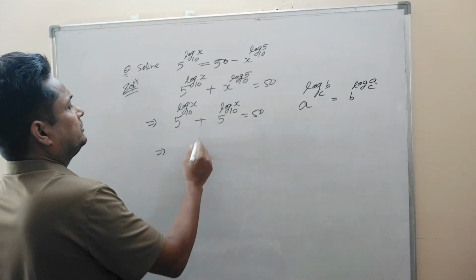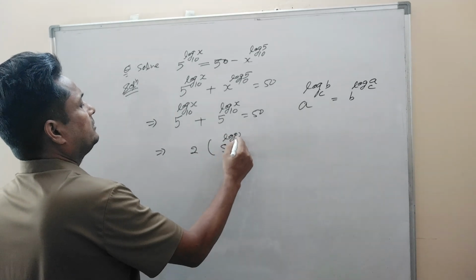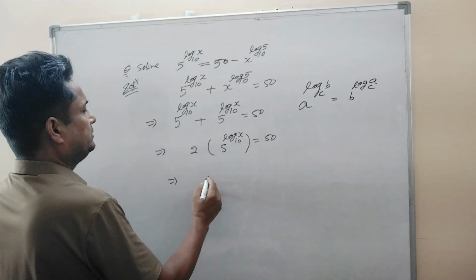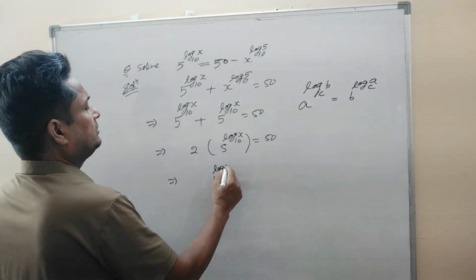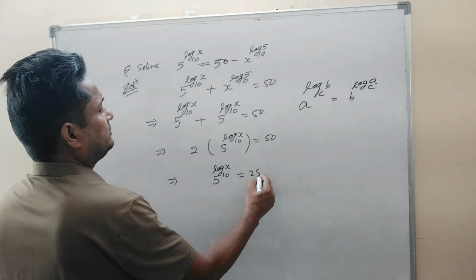So this is 2 times 5 to the power log x base 10 is equal to 50. So 5 to the power log of x base 10 will be equal to 25.